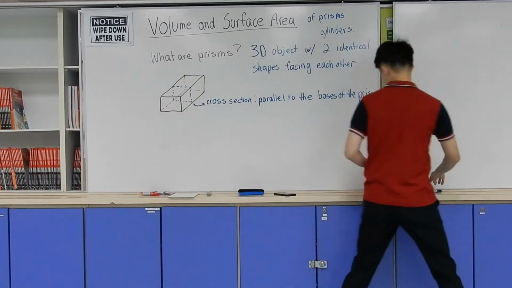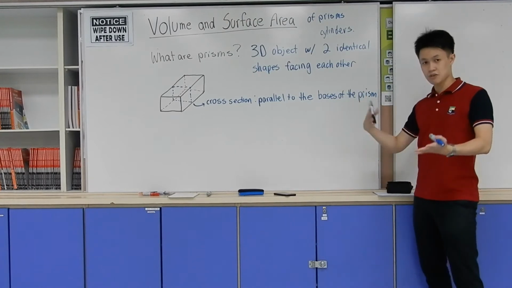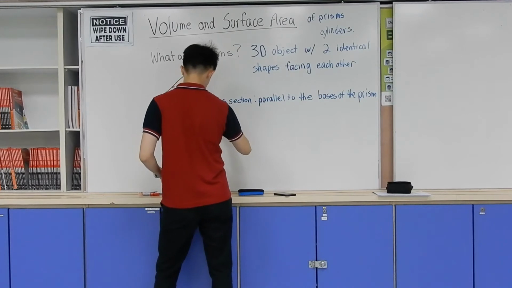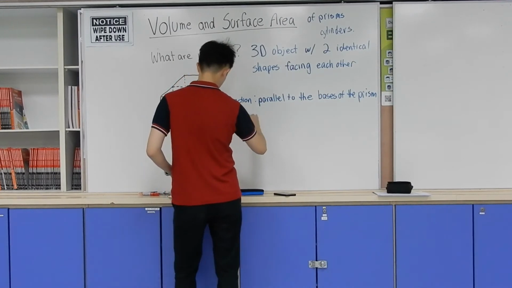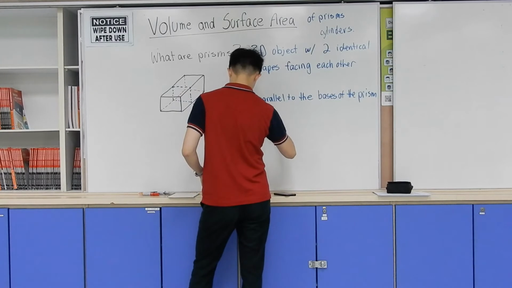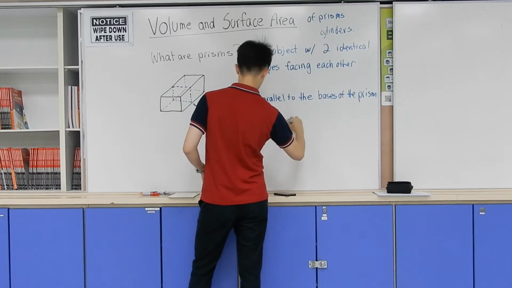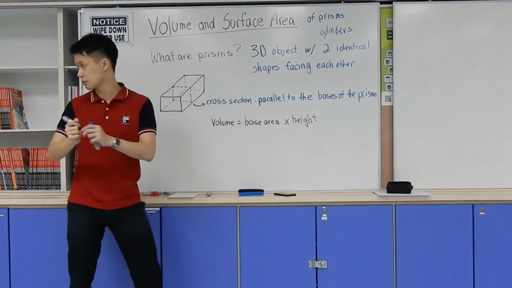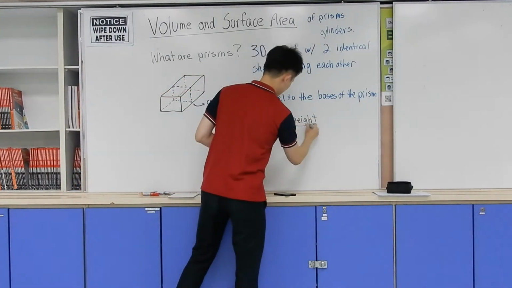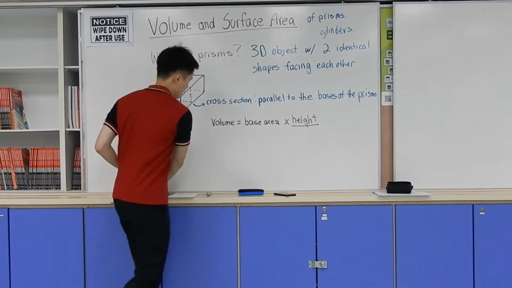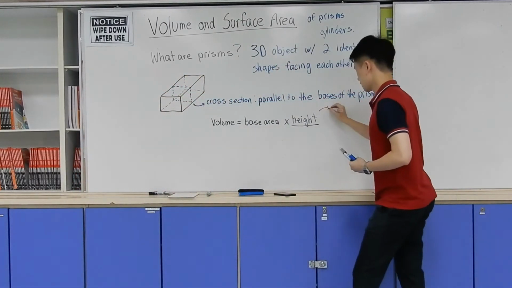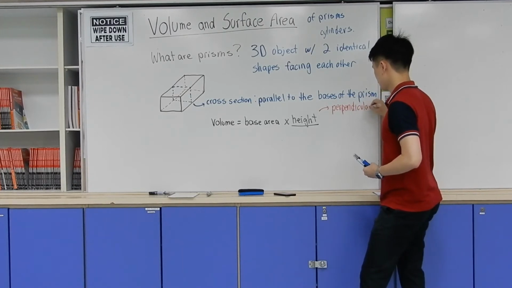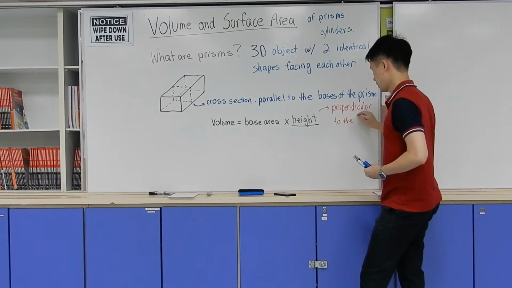Before we carry on, from primary and secondary school you already know how to find the volume of a cuboid: volume is equal to base area times height. But this height is not just any height. It is the perpendicular height, so it must be perpendicular to the base.